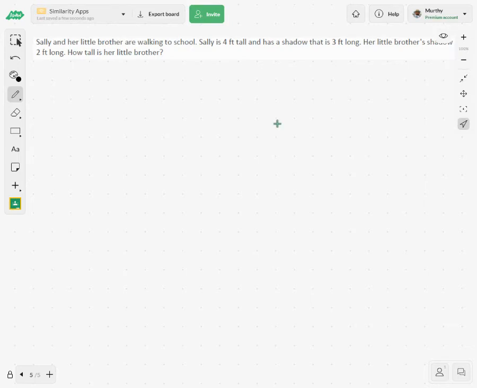So, first of all, always identify the key information: Sally is 4 feet tall and has a shadow 3 feet long. Her little brother's shadow is 2 feet long. Sally, because she is the eldest, must be taller than her brother.